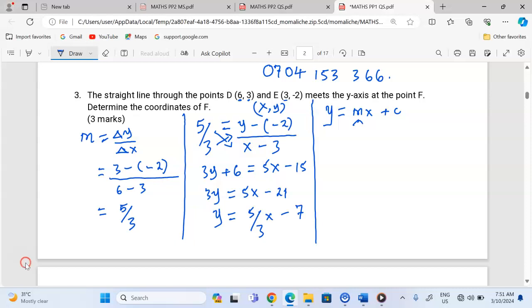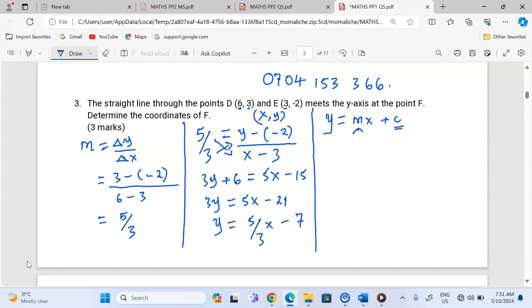Then the next is c. The constant c here represents what we call the y-intercept. And according to the equation here, the value of c is going to be -7.